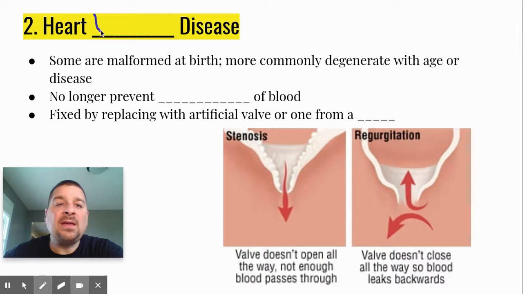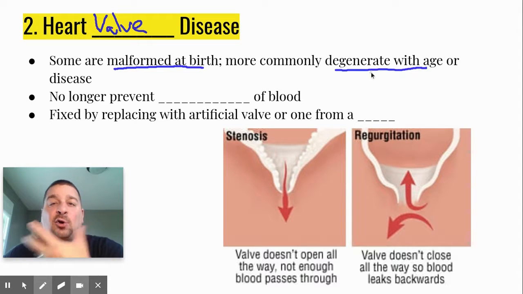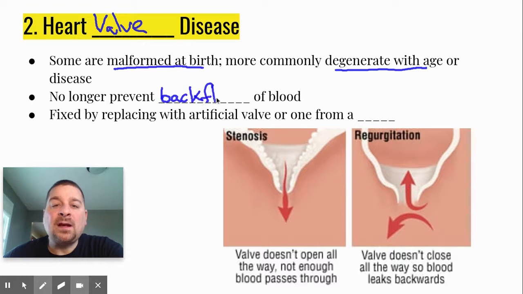Number 2 is heart valve disease, where the valves in your heart, the bicuspid, tricuspid, and the semilunar valves do not work properly. Oftentimes these are birth defects, or later in life they just degenerate or wear down with age. Remember, you need the valves between the chambers of your heart and the pulmonary trunk and the aorta that are leaving your heart so that there is no backflow of blood.